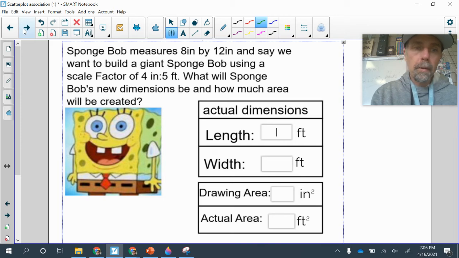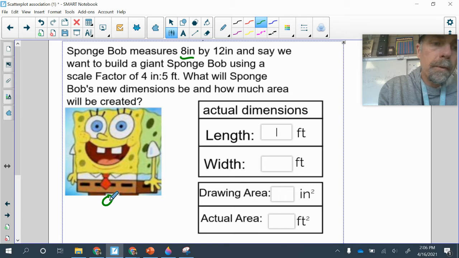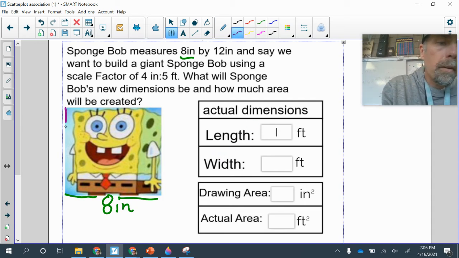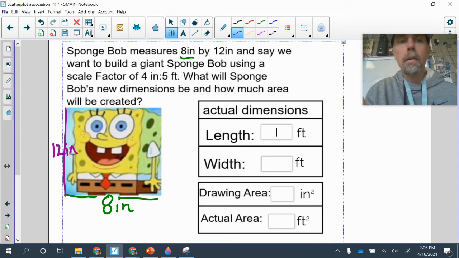Okay, so here's SpongeBob. He measures 8 inches by 12 inches, okay? So 8 inches by 12 inches.